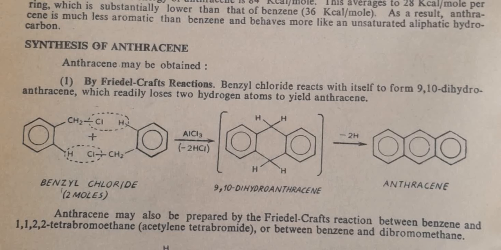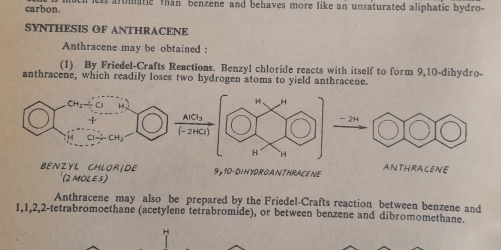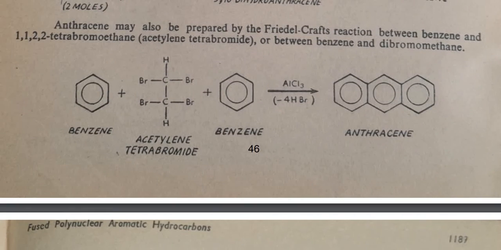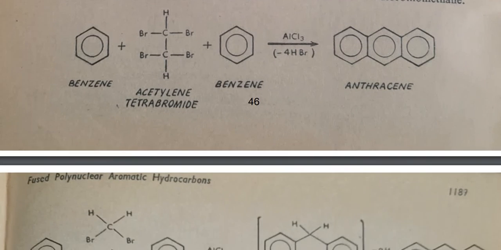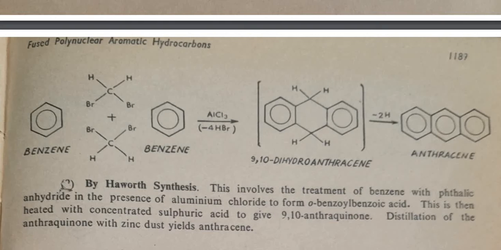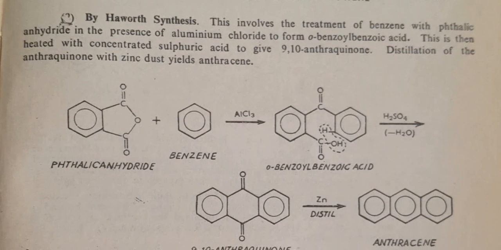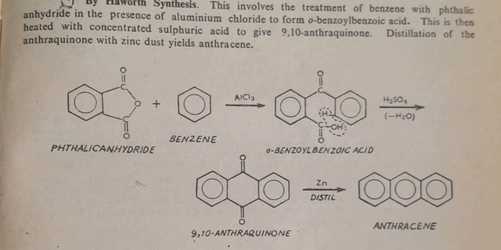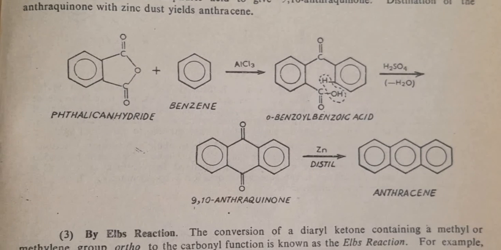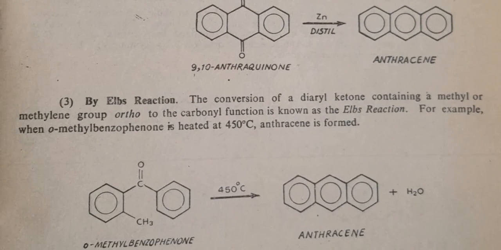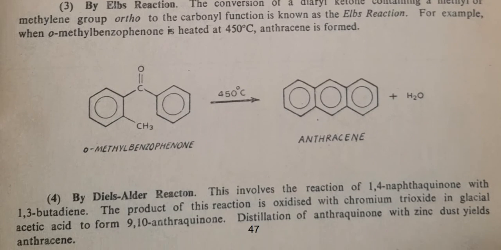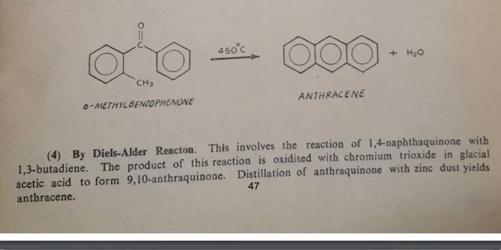Again, how will you synthesize anthracene from Friedel-Crafts reactions? You can see benzene reacts with acetylene tetrabromide and you will get anthracene. Another method: 2 molecules of benzene with dibromomethane give 9,10-dihydroanthracene and finally anthracene. Haworth synthesis: phthalic anhydride reacts with benzene to give ortho-benzoyl benzoic acid, which reacts with sulfuric acid to give anthracene. Elbs reaction: you get anthracene from methyl benzophenone.